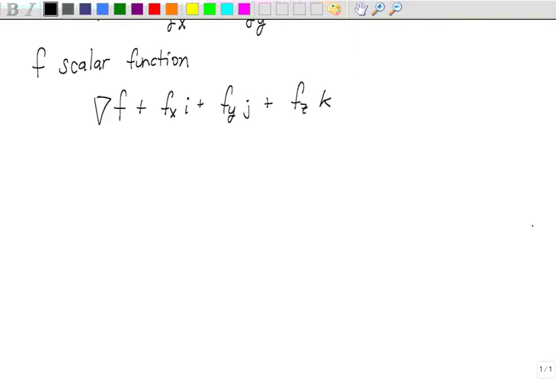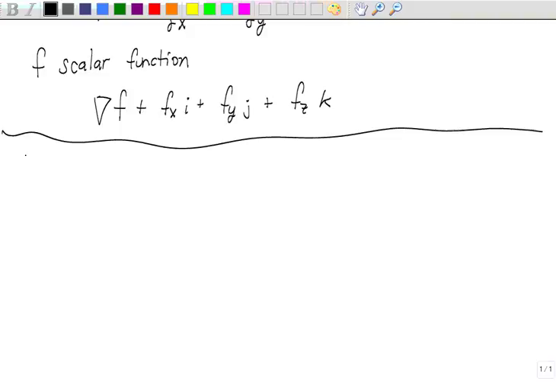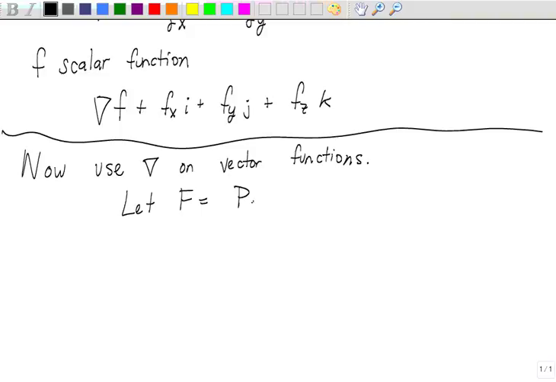Okay, now let's use del, or the gradient, on vector functions. So let F be this vector function, and P, Q, and R have first partials that exist on some region that we're talking about.